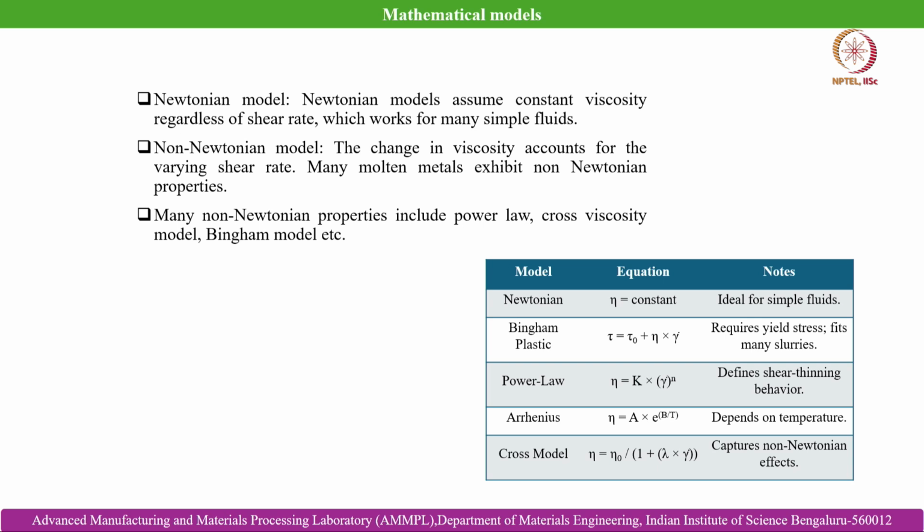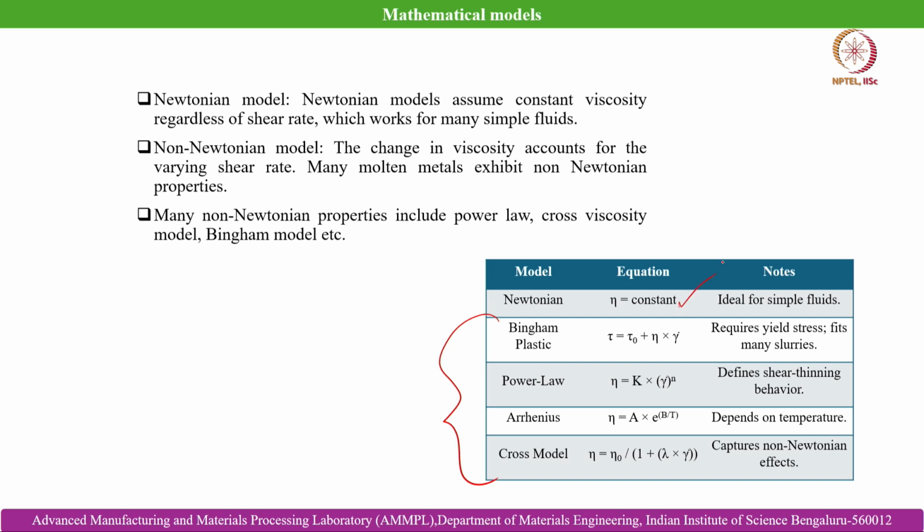Non-Newtonian behavior can be classified into several variants, which we will discuss subsequently, including the power law, cross viscosity model, Bingham model, etc., all shown in this table. In Newtonian, viscosity is constant.